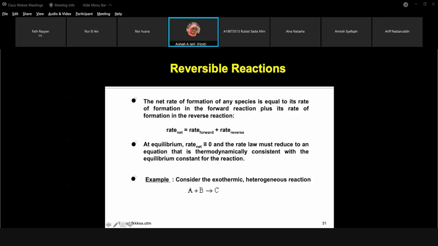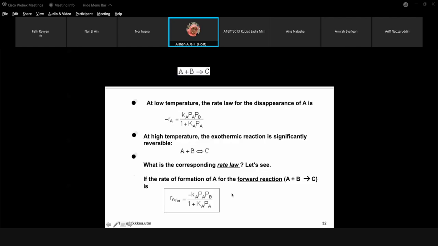For example, A plus B to C, consider the isothermal heterogeneous reaction. Okay, A plus B to C. So this is the forward reaction, okay, forward reaction to the right. So they derive the equation.